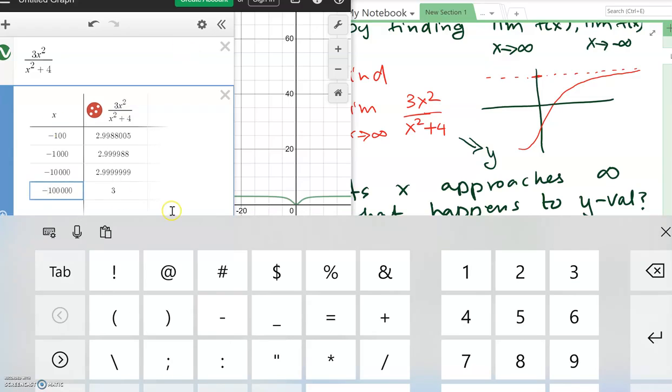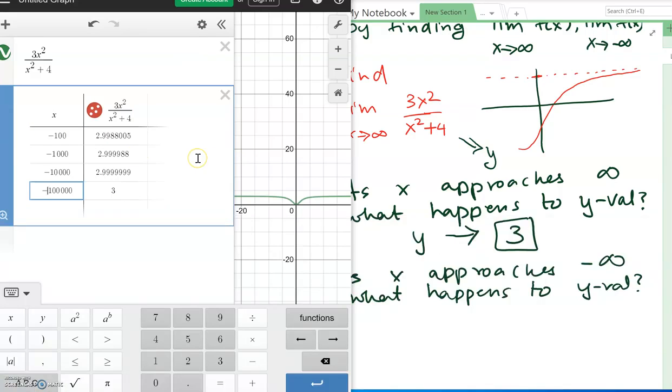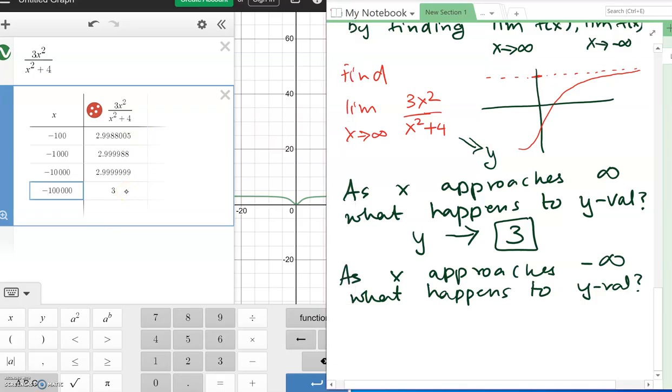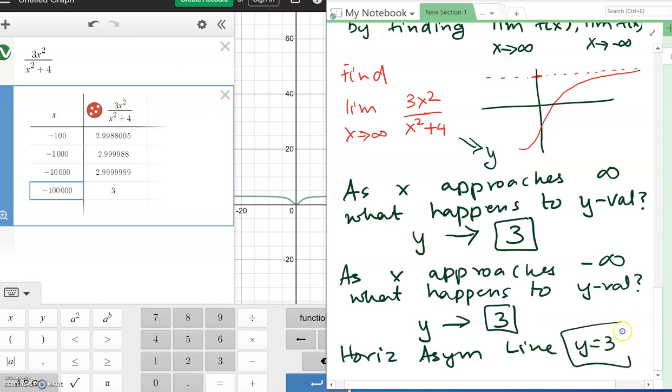I can see that even on the negative side, I've chosen values negative 100, negative 1000, negative 10,000, and negative 100,000. So x is approaching negative infinity, but the y value is approaching 3. If there exists a finite limit, then there is a horizontal asymptote. The horizontal asymptote is going to be the line y equal to 3.